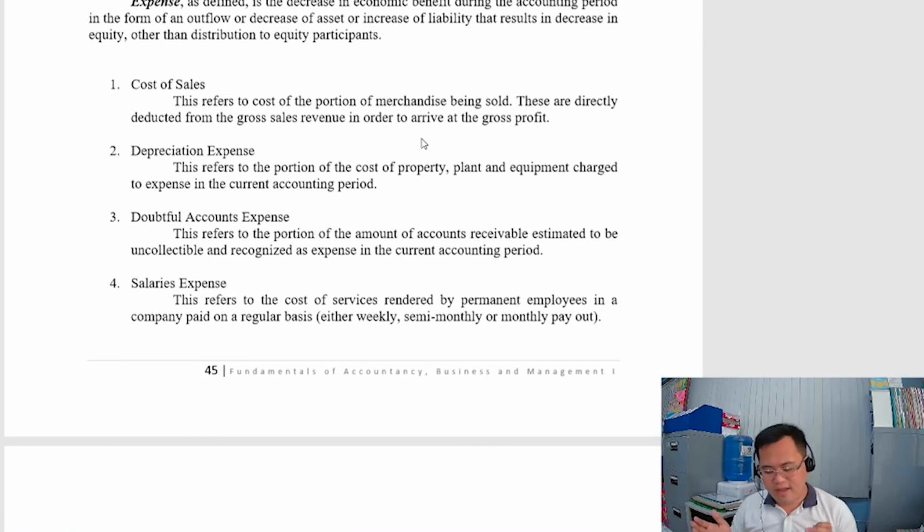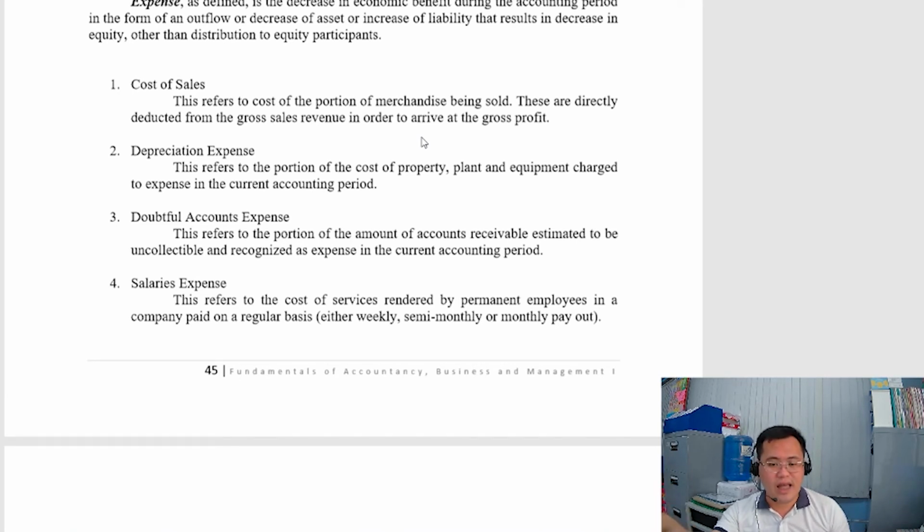Now, at the end of the contract, the customer paid you, let's say, 80,000 pesos. 80,000 pesos is 80%, while 20,000 pesos was not paid by the customer due to the present condition, let's say bankruptcy or the pandemic. So that 20,000 pesos is immediately considered as doubtful accounts expense. Why?